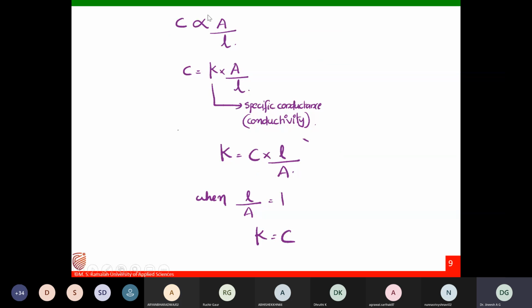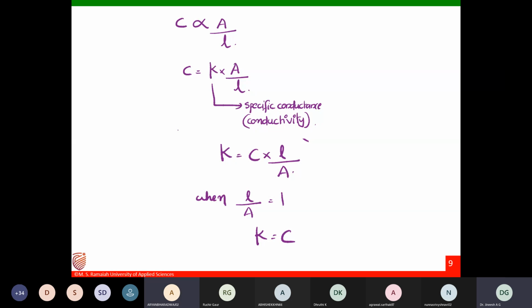Normally, if you want to change a directly proportional sign into an equal sign, what should you do? Introduce a constant. You have to multiply it with a constant, right? So here I gave a constant kappa, the Greek letter kappa, not K. This kappa is conductivity. Got my point?